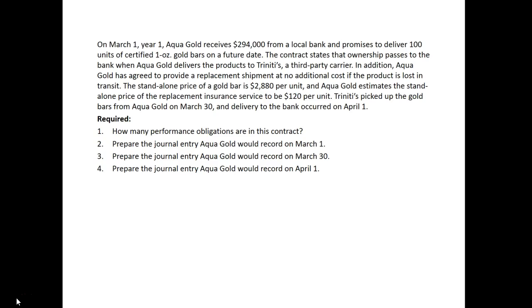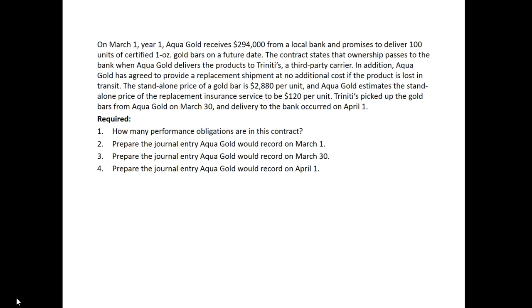In addition, Aqua Gold has agreed to provide a replacement shipment at no additional cost if the product is lost in transit. The standalone price of a gold bar is $2,880 per unit, and Aqua Gold estimates the standalone price of the replacement insurance service to be $120 per unit.